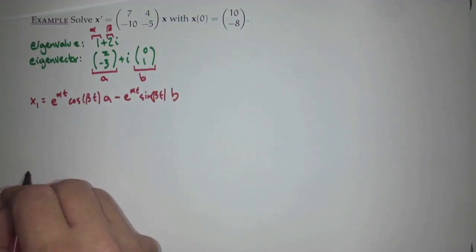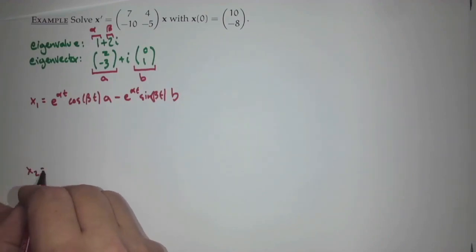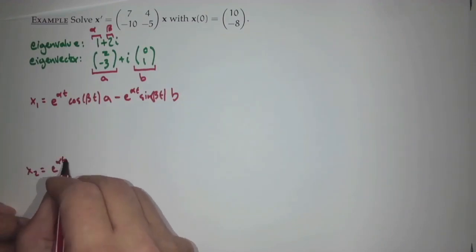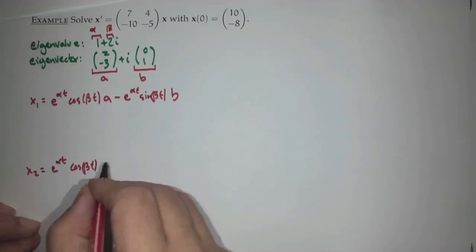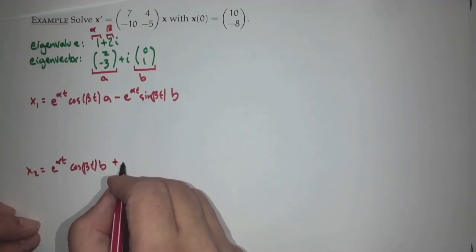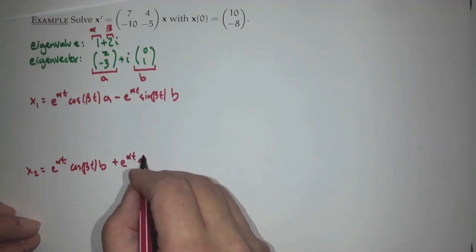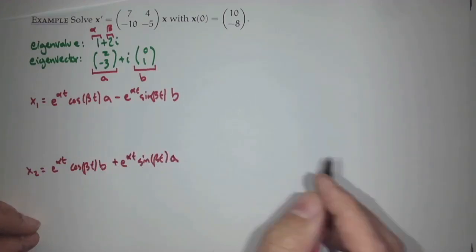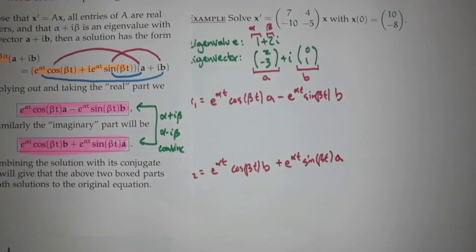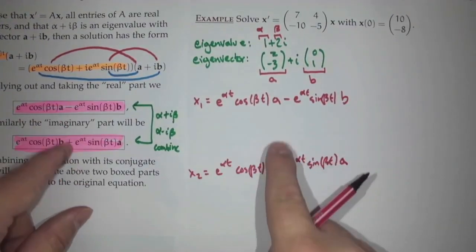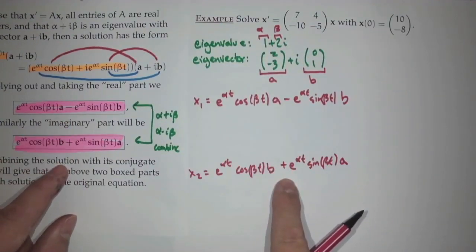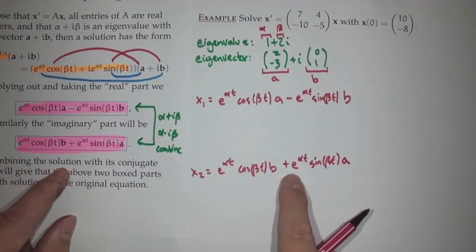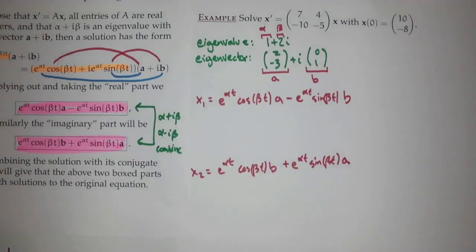And then another solution, let's call it x2, e to the alpha t cosine beta t times b plus e to the alpha t sine of beta t times a. So what I've done is I've copied. Because if I have complex eigenvalues, I know how to create my functions. So this is going to save us a lot of work. Cool.